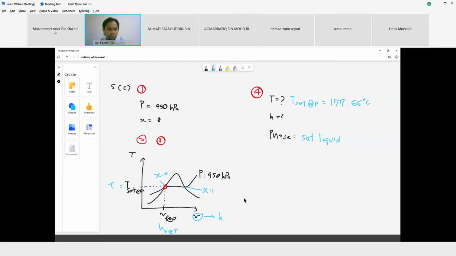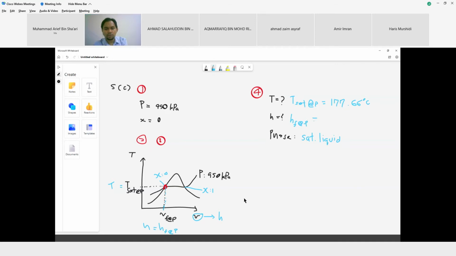Okay, point sini ni, kalau you bawa dia ke bawah, dia adalah sama dengan HF. Yang mana H inilah yang kita nak cari. Okay. So H yang kita nak cari sebenarnya sama dengan HF sebab posisinya sama, lokasinya sama.